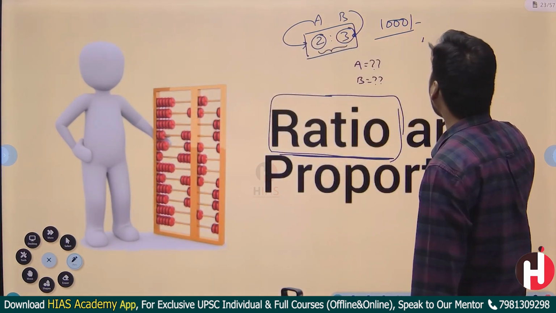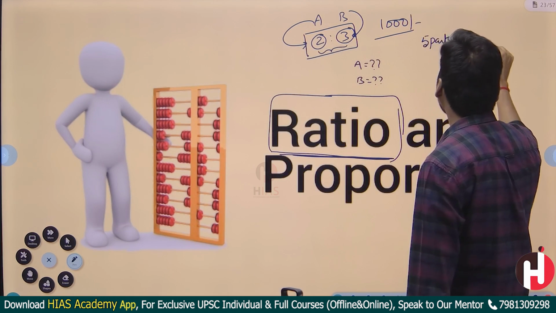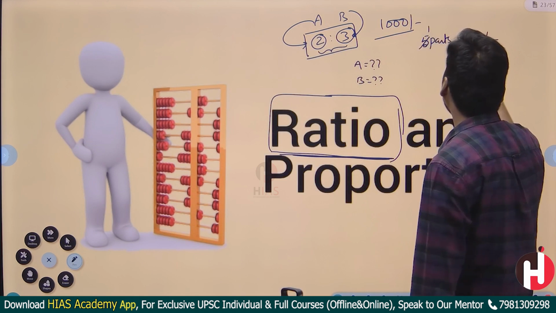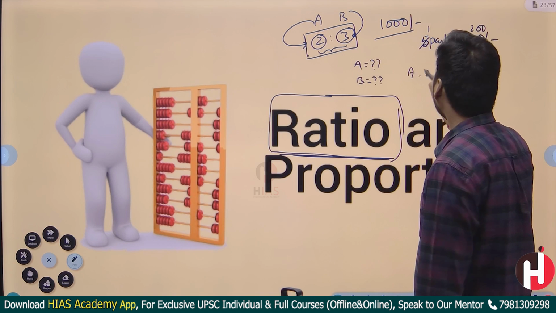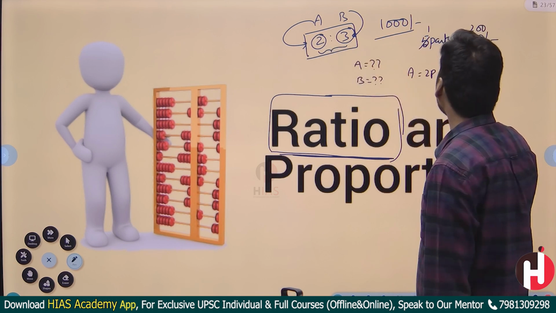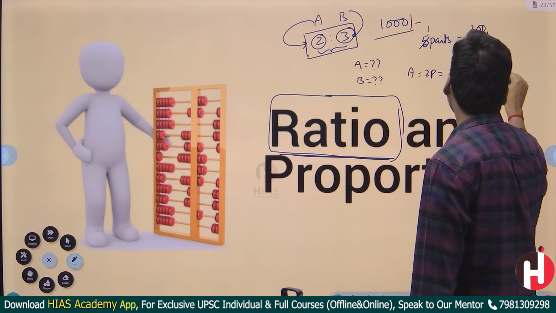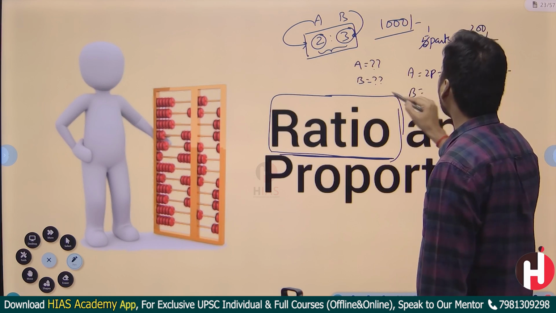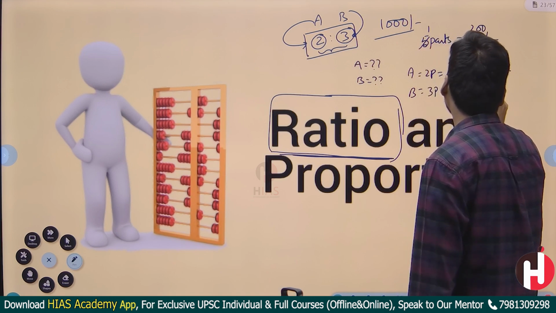So 5 parts value is equal to 1,000 rupees. Then each part is equal to what? 200 rupees. A is taking 2 parts, so 2 into 200 is 400 rupees. The share of A is 400 rupees. And similarly the share of B is what? 3 parts means 3 into 200 is equal to 600 rupees.